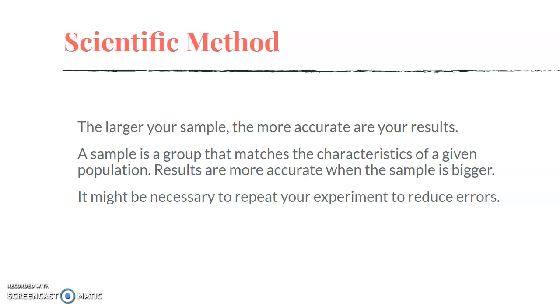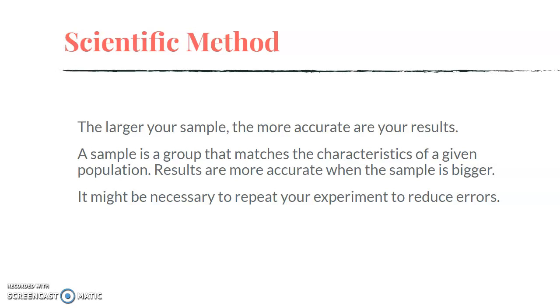Let's take another example where I want to conduct an experiment with people who have brown eyes. Obviously, the population of people who have brown eyes is huge. There are so many people in this world with brown eyes, and I cannot run an experiment with all of them.